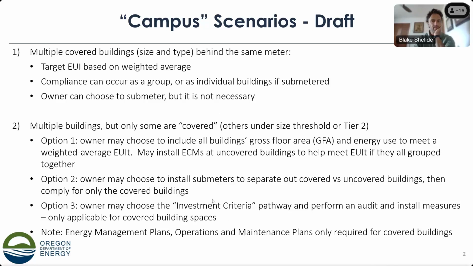Yeah, I'm just, option 1 feels incompletely formed to me, maybe a little bit, in terms of how that's grouped. So it would include all of the buildings behind the meter, all of that gross floor area, and then meet a weighted average target.